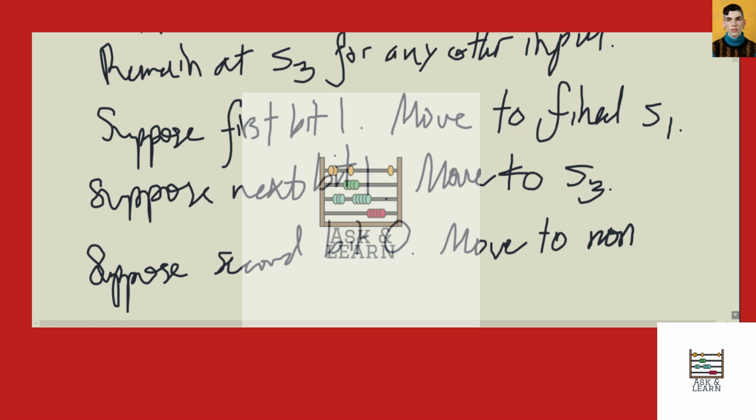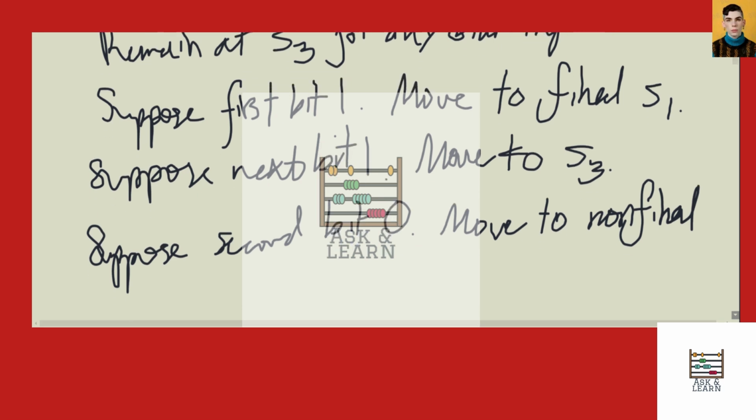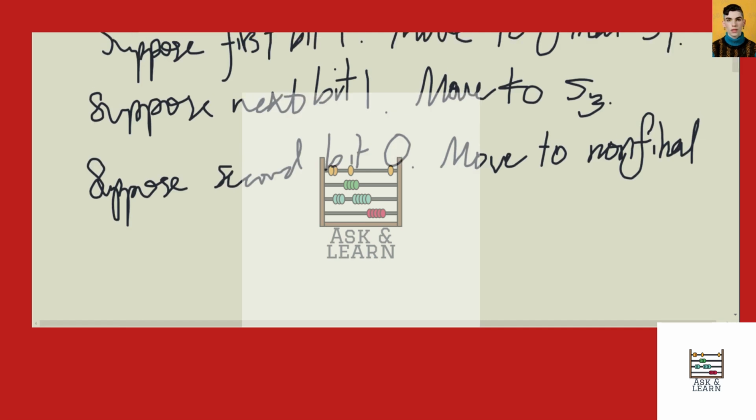However, this should not be the non-final state S3, because it is possible that our bit could be followed by another 0 and then a 1, in which case the string should be recognized. So we need to be able to escape this non-final state, and so we'll call this a new non-final state S2.